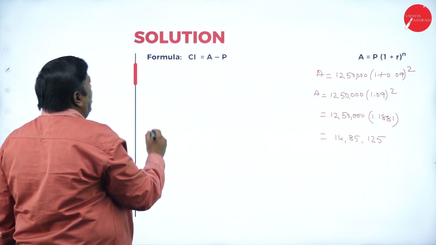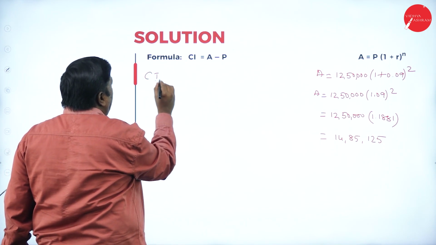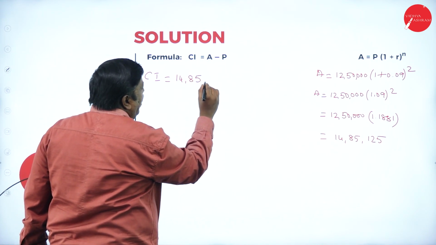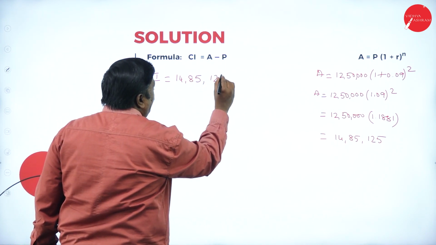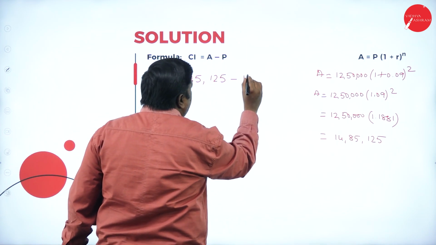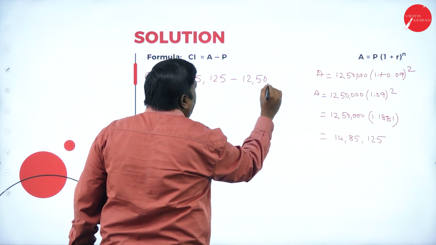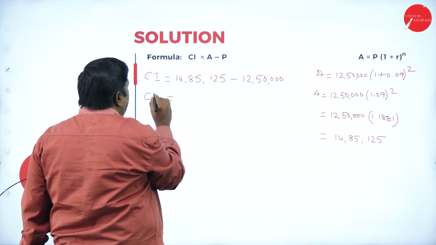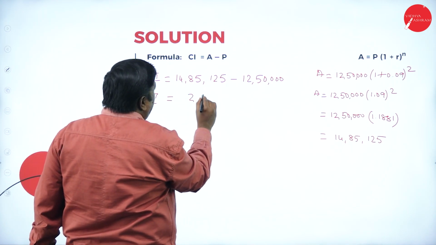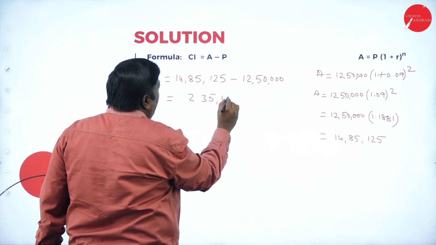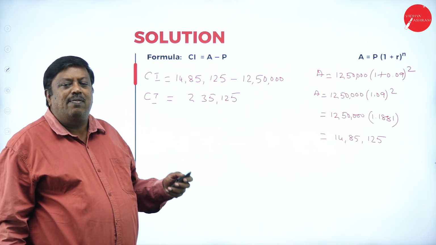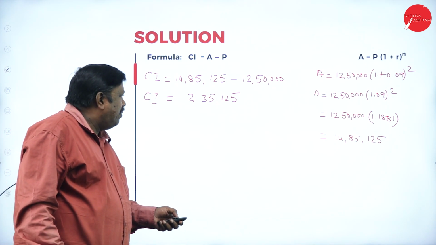So now the compound interest will be 14,85,125 minus 12,50,000, which is 2,35,125. This is the compound interest the investor is going to get.